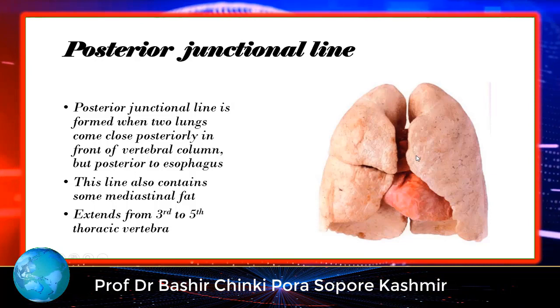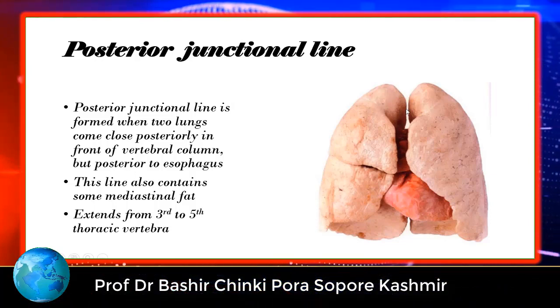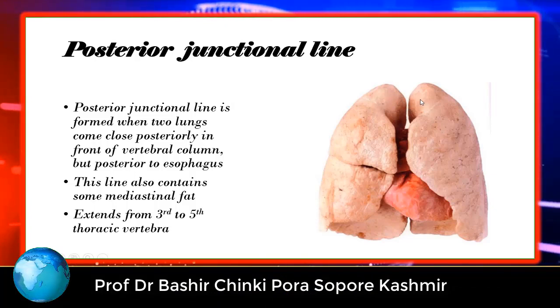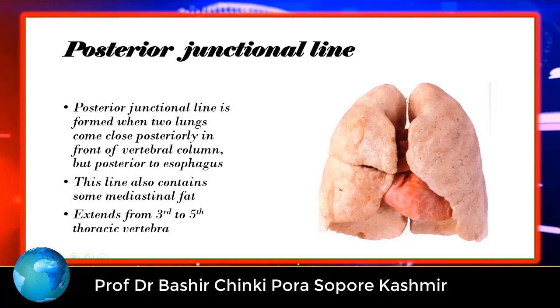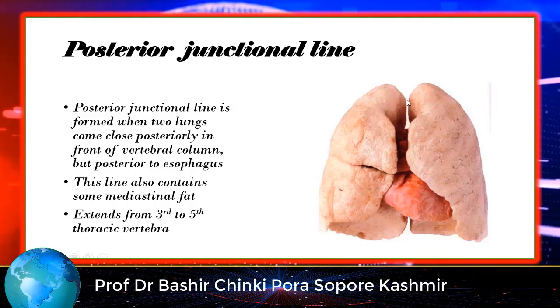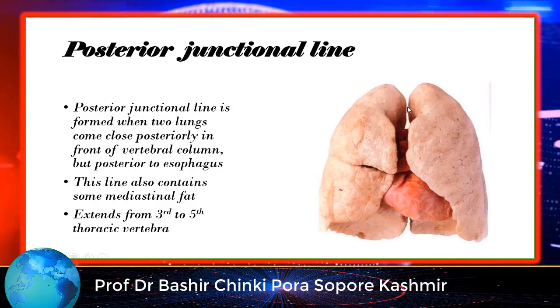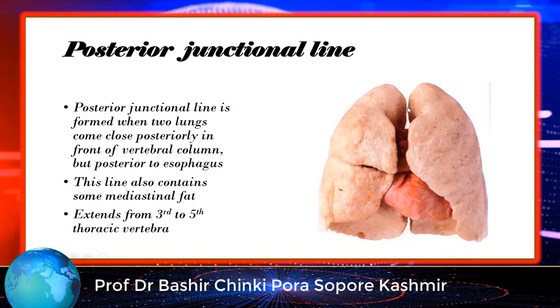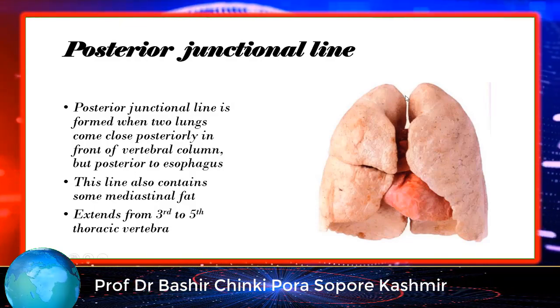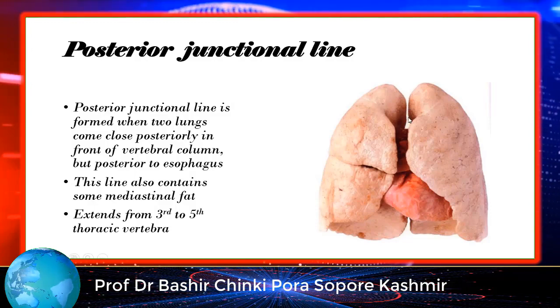Now let us talk about the posterior junctional line. The posterior junctional line is formed posteriorly. This is the posterior part of the lung where the two upper lobes come in close contact with each other, forming an intervening area, this area. This space is in front of the vertebral column but behind the esophagus.